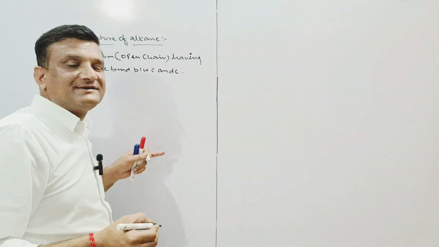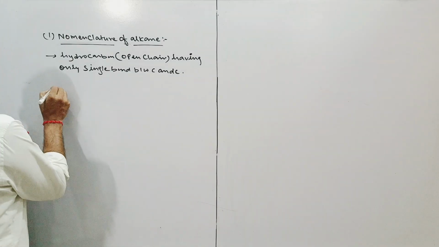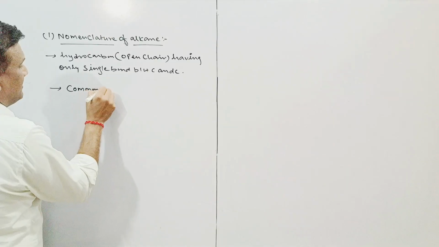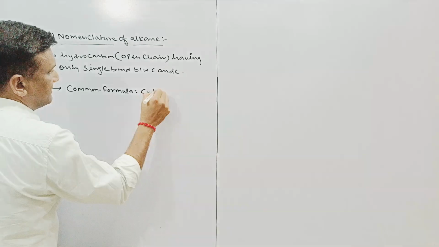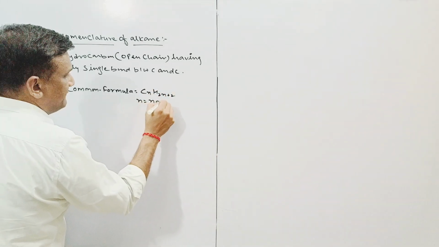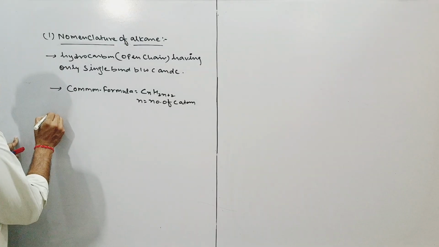These are also called paraffins, having the common formula CnH2n plus 2, where n is equal to the number of carbon atoms.